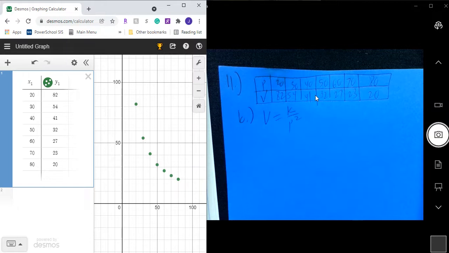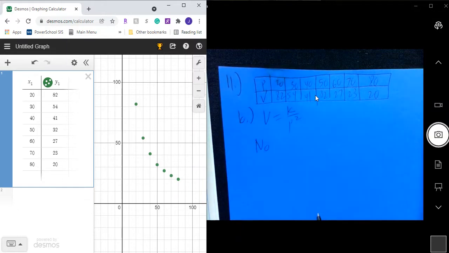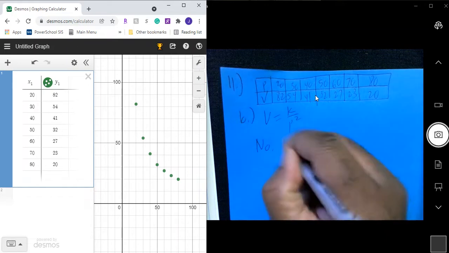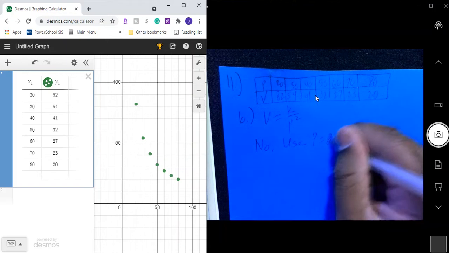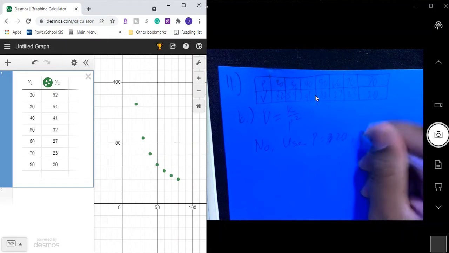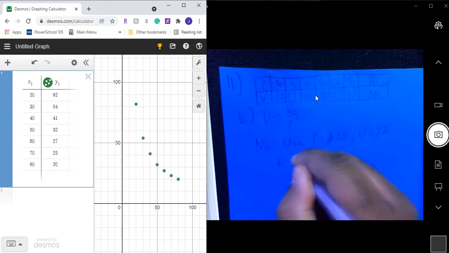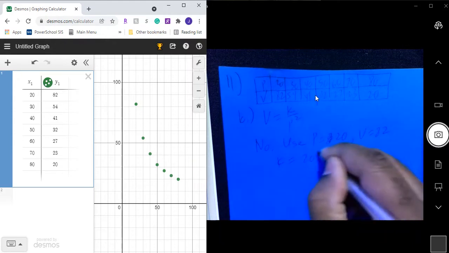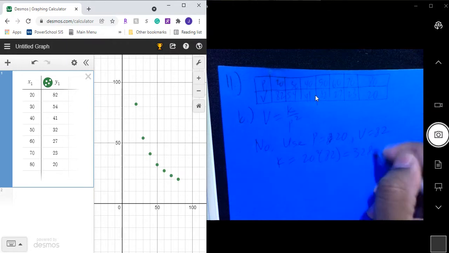We can say no, and the reason is if we use p equals 20, v would equal 82. So we would have k is equal to 20 squared times 82, which is 32,800.